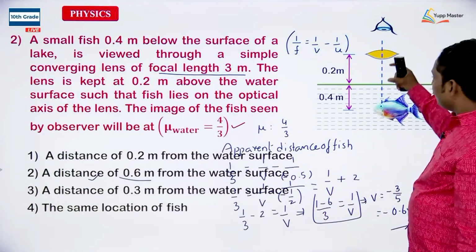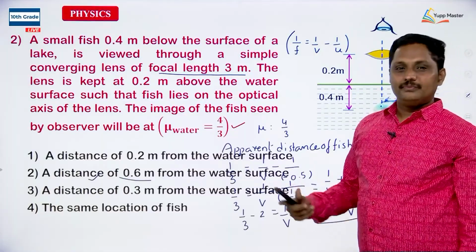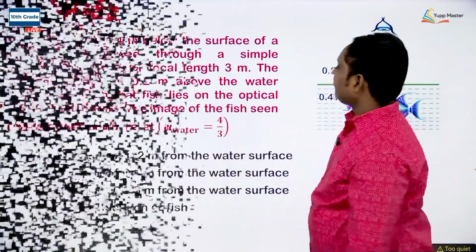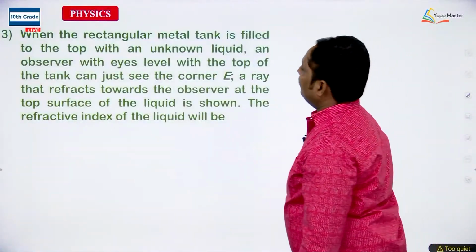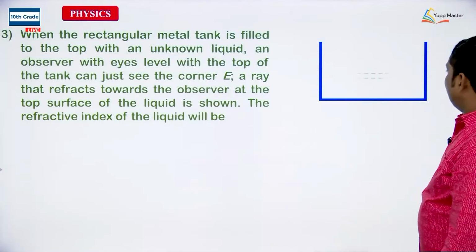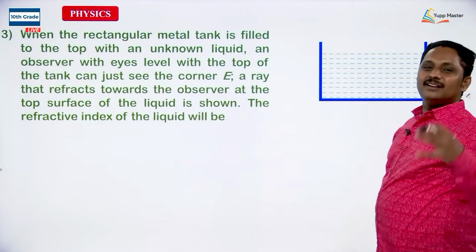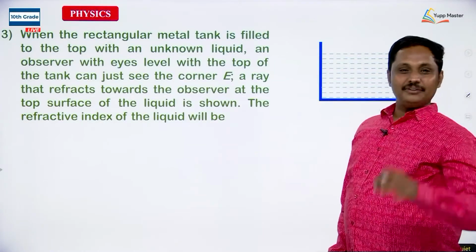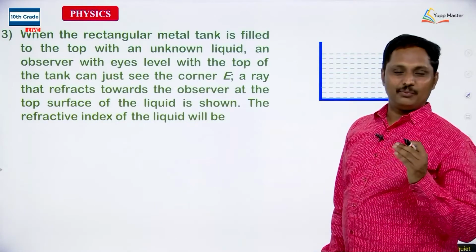It has been viewed at 90 degrees, remember. So, just you can see that. You can take this one, this is a very simple problem. When a rectangular tank has been filled with liquid, we do not know what type of liquid.